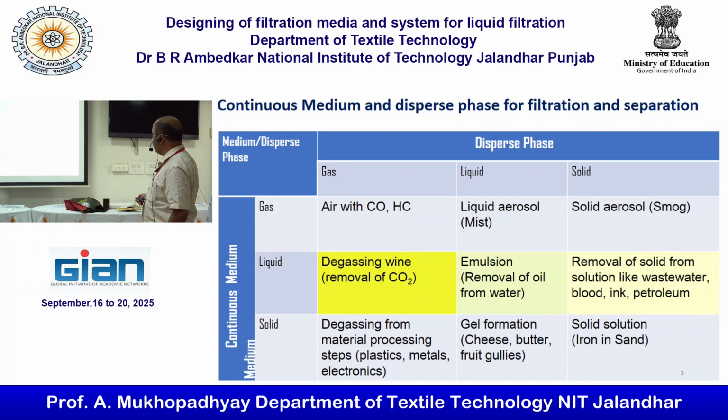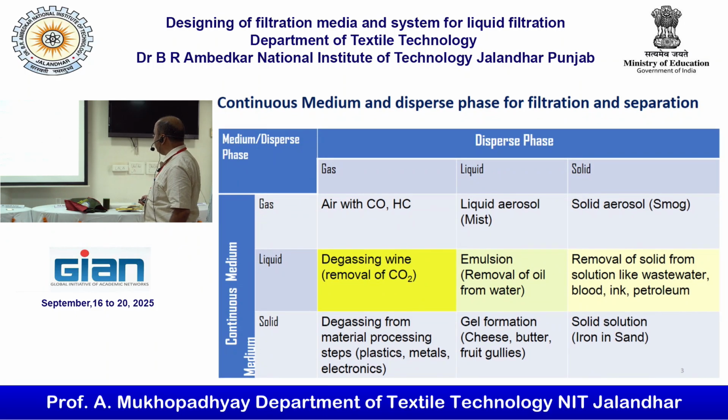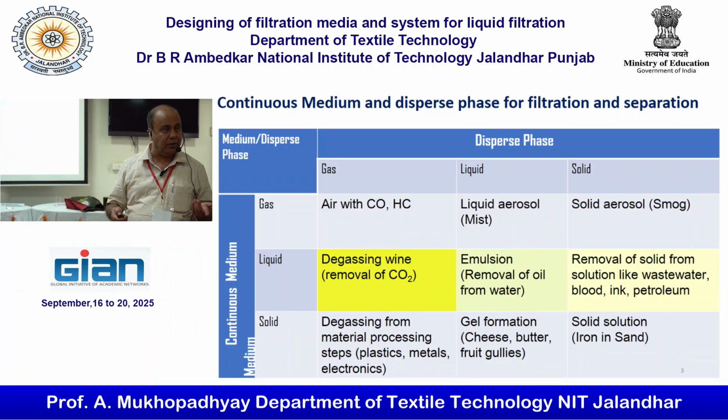Second case is the emulsion, removal of oil from water. So liquid dispersed phase will be the emulsion, or liquid. So liquid separation is also possible, but the technique and the mechanism for liquid separation is different from liquid to solid separation.